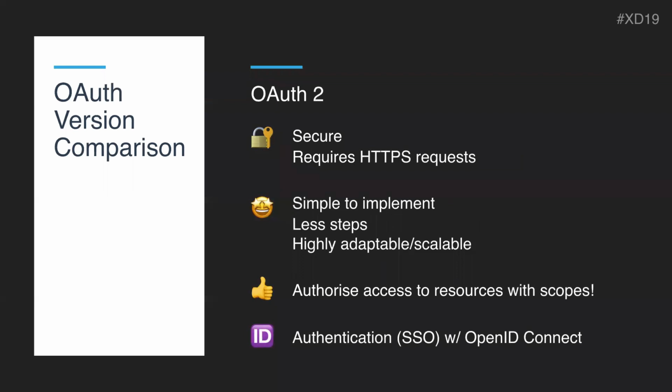OAuth 2.0 uses HTTPS, so the security is the underlying certificate of HTTPS. If people have been looking at Google, they'll see that most of the requirements these days are a reliance on any website having HTTPS. So OAuth 2 leverages HTTPS, which means that certificate file doesn't need to be deployed as part of your ongoing deployment.